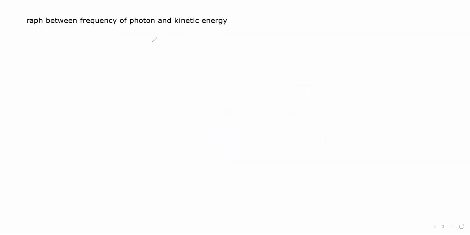Because you have the formula that the energy of the photon is phi plus kinetic energy. We are plotting a graph. On the x-axis we have frequency, on the y-axis we have kinetic energy.